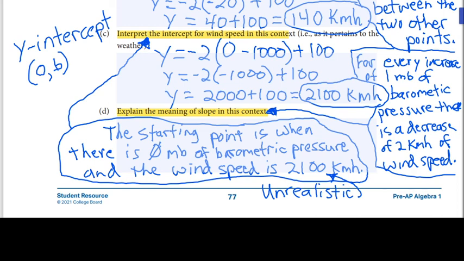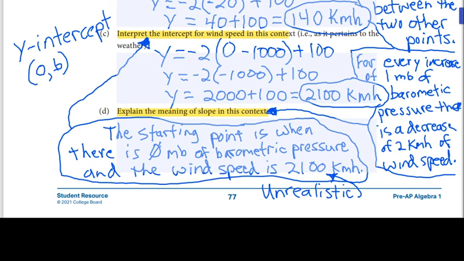Well, I looked that up and the fastest wind speed ever recorded was somewhere around 400 kilometers per hour. It's hard to record a tornado, and I think that's going to be a little bit faster than a hurricane maybe. But the fastest wind speed ever recorded was 400 kilometers per hour. So 2,100 kilometers per hour is just not realistic, right?